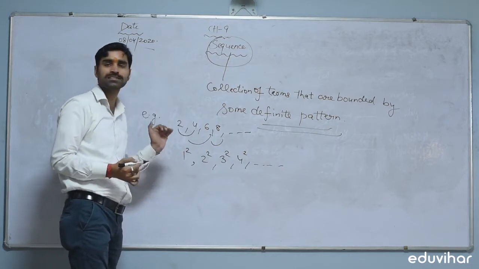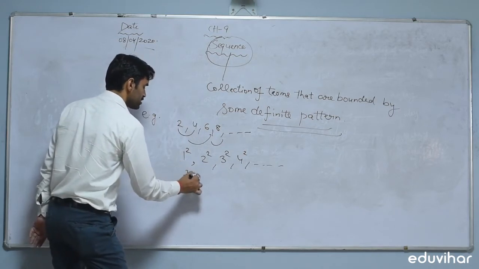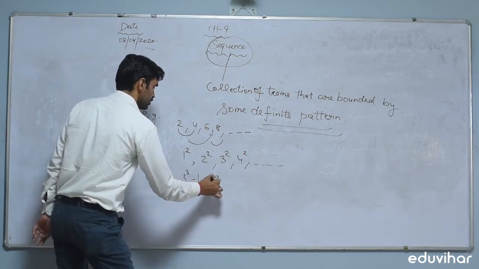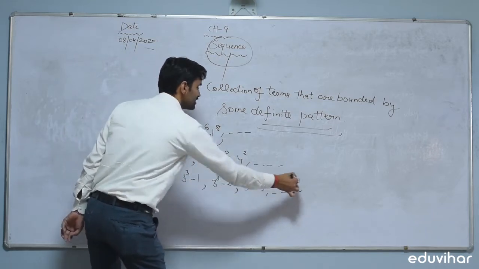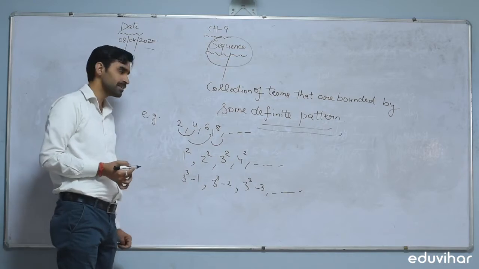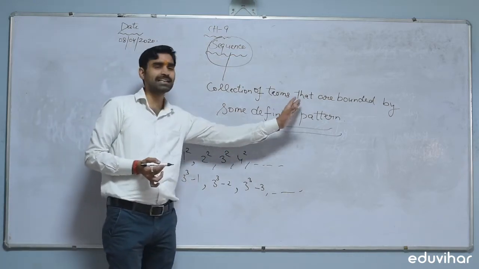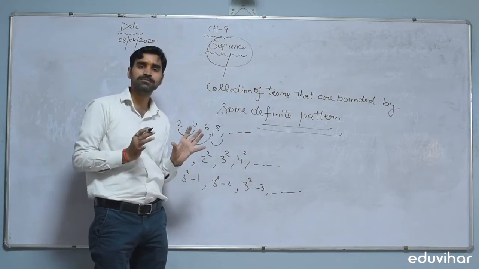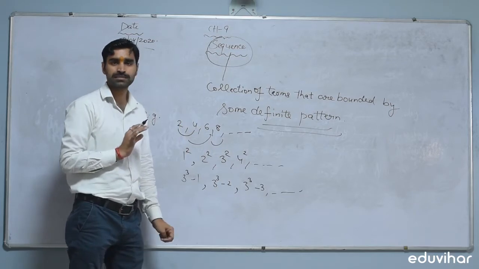This is also a sequence. Next is 3 cube minus 1, 3 cube minus 2, 3 cube minus 3. This is also a sequence. It means a sequence is a collection of terms that are bounded by some definite pattern. This is known as a sequence.